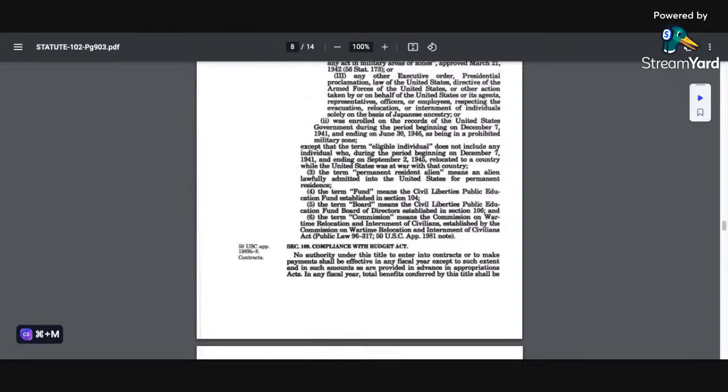The term permanent resident alien means an alien lawfully admitted into the United States for permanent residence.